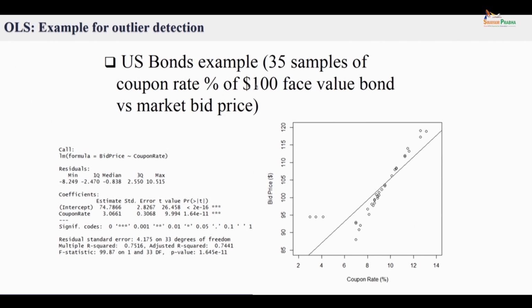There are different bonds with different interest rates, but these are also traded in the market, and their selling price in the market, or bid price, would be different depending on the kind of interest rate they attract. So you would presume that the bond which has a higher interest rate would have a higher market price. So there might be a linear correlation or linear relation between the market price and the interest rate for that bond.